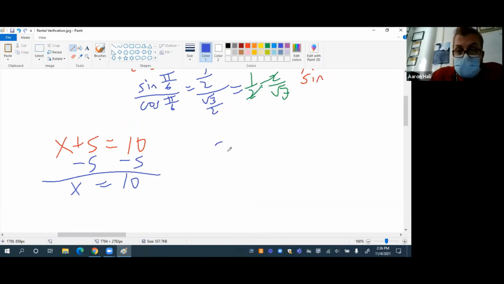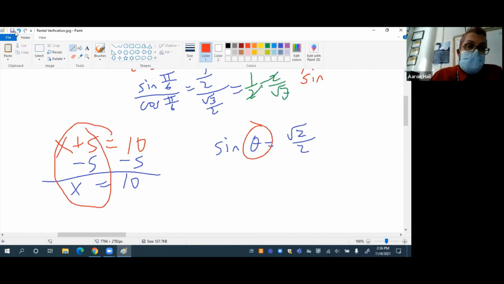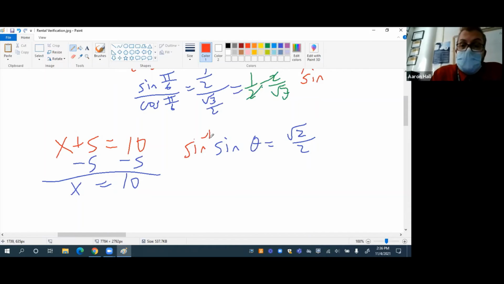Now, if I have something like sine of theta equals, I don't know, the square root of 2 over 2, then to do an inverse allows me to isolate my variable, just like over here. So if I do an inverse, these go away, leaving me with theta equals the inverse of sine of the square root of 2 over 2.